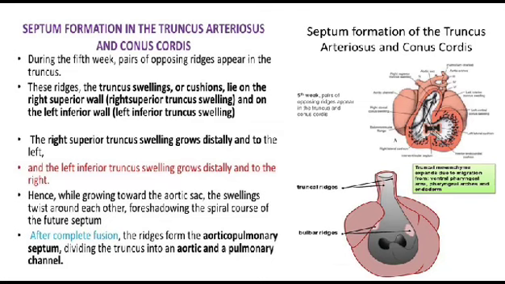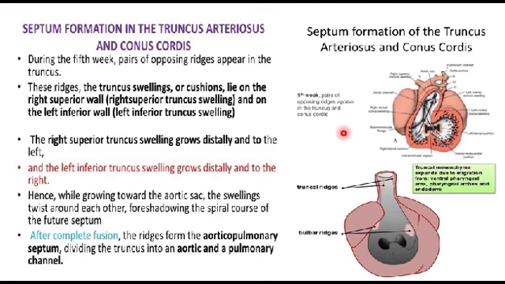Now coming to the septum formation in the truncus arteriosus and conus cordis, that is the central part, the middle part of bulbus cordis and the distal part of bulbus cordis. During the formation of the septum, sometime around the 5th week, all these septa, remember, appear at about the beginning or ending of the 5th week and are completed by about the 8th week.